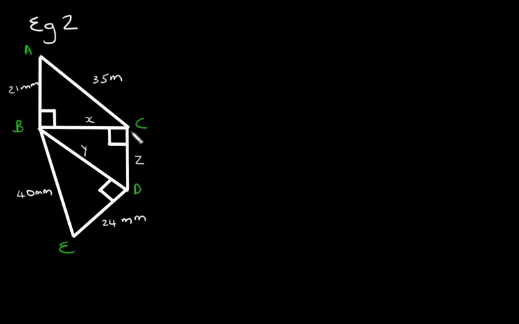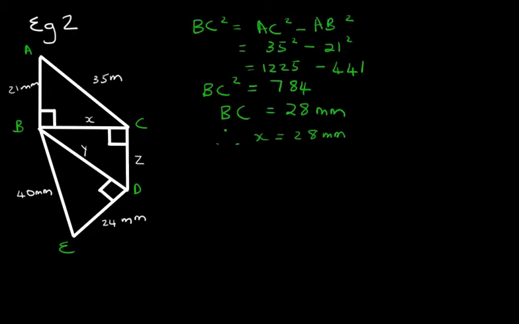and solve for BC. So in triangle ABC, we will have BC squared is equal to AC squared minus AB squared. I know you're going to ask me, why are we subtracting? Well, it's because we are given the hypotenuse. How do you identify the hypotenuse? If you look at your right angle and you look at that point, where's that pointing towards?